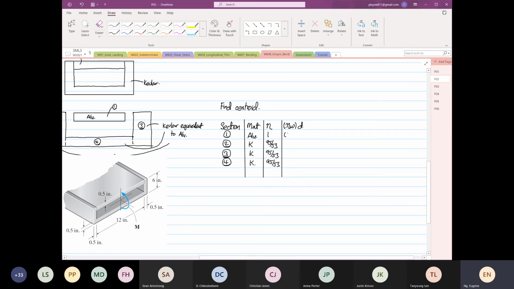For aluminum, the width is 12 and the depth is 0.5. I'm not going to look at the figure, I'm just going to derive my second moment of area, or I'll get everything wrong. So this one will be 95 over 53, the width will be 0.5, the depth will be 6. This will be the same.